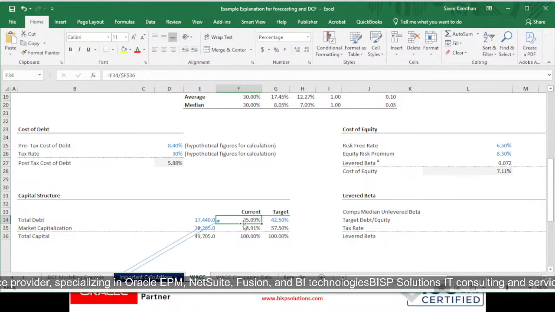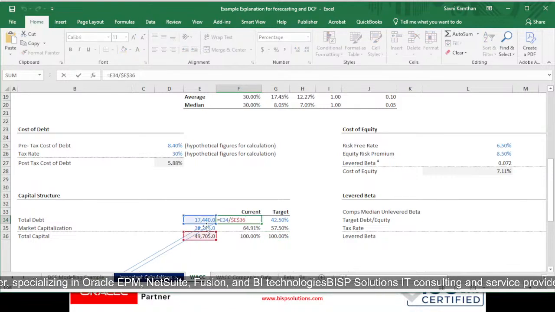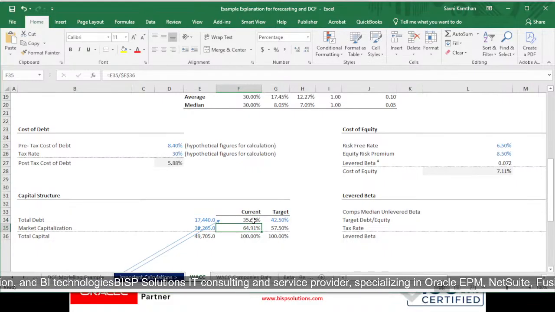Next, we want our current and targeted total capital to be 100. So to calculate my total debt, I am taking my total debt divided by the total capital, and I am giving it absolute anchoring, and when I enter it, it shows me 35.09% current total debt. If I want to calculate the same thing, I drag the same calculation, and it gives me 100% only.